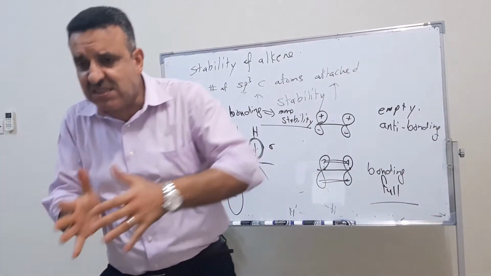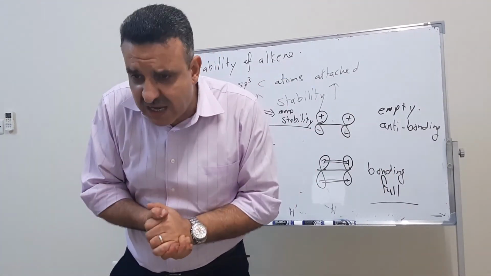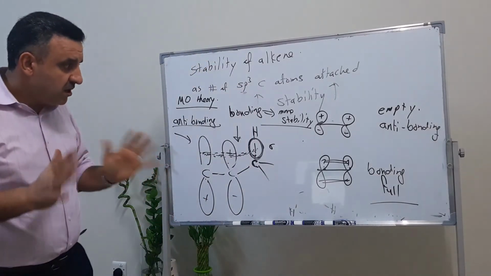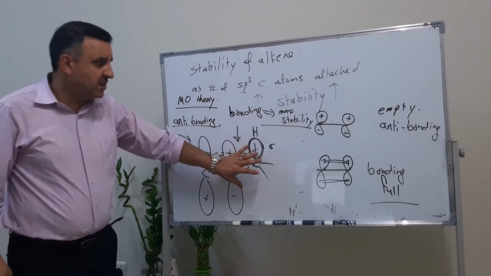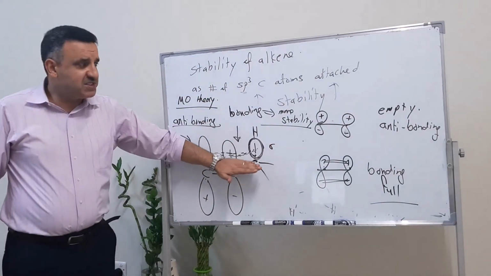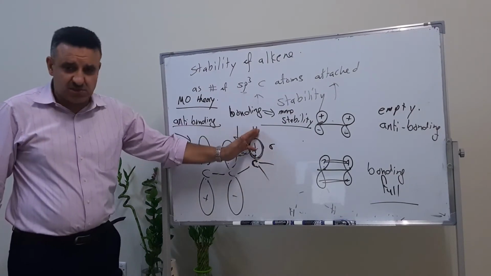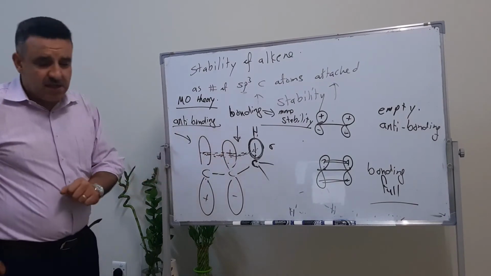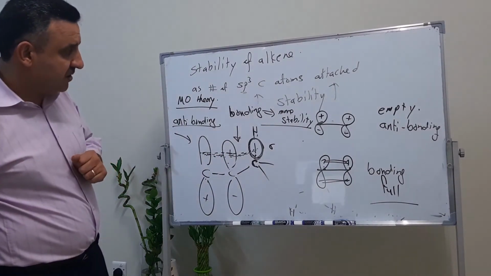The destructive overlap makes what we call an anti-bonding molecular orbital. So that's actually the whole case. Hyperconjugation is overlap of sigma electrons of the adjacent carbon-hydrogen system with the anti-bonding molecular orbital of the carbon double bond carbon system.